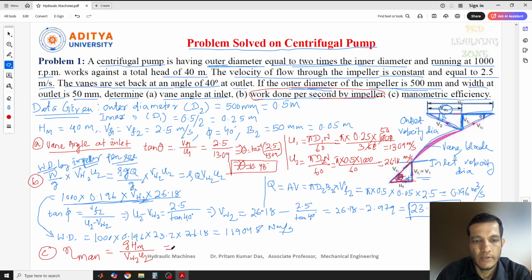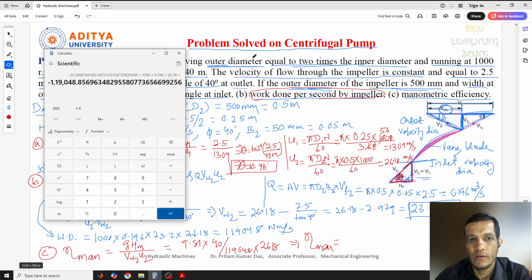So if I see this formula, simply we can put the value 9.81, Hm value is given already, manometric head, and this is divided by Vw2. Just now we got the value 1,19,048 into U2. U2 is how much? 26.18. So finally we'll get the value of manometric efficiency. Let's see how much we are getting.